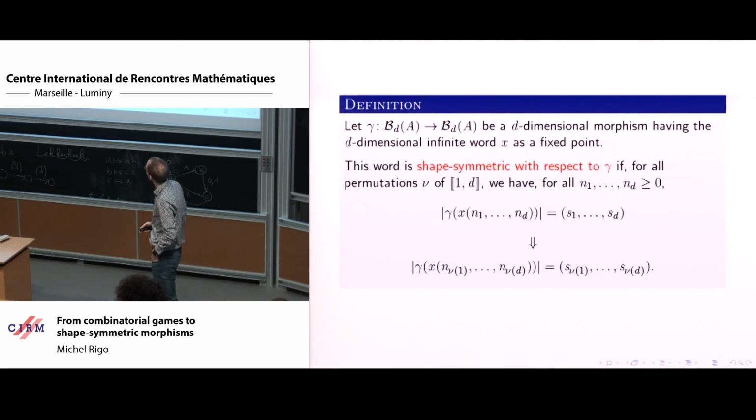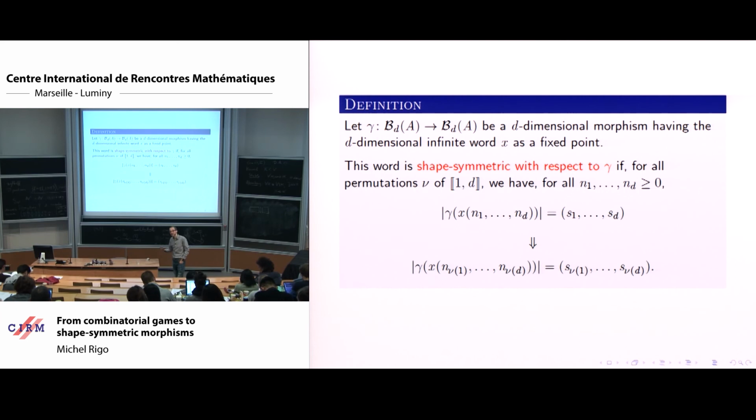Okay, and the definition of shape symmetry in general. So I give you now a morphism, which is now well defined. It produces some infinite word, and I will say that the fixed point of this morphism is shape symmetric with respect to the morphism gamma. This is exactly what I showed you in the idea before. If you take what's going on in some given position, x of n_1 to n_d in d dimensions, you apply gamma and you look at the shape you get, so you get some block of that shape.